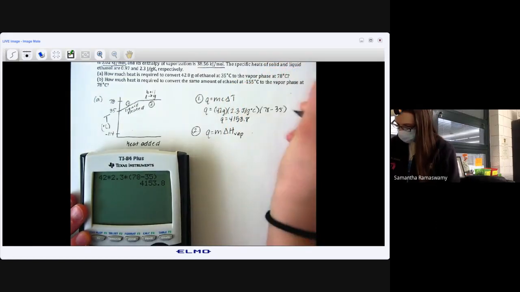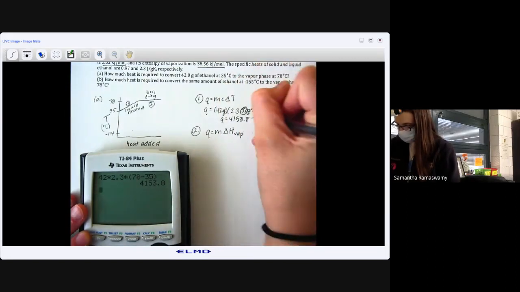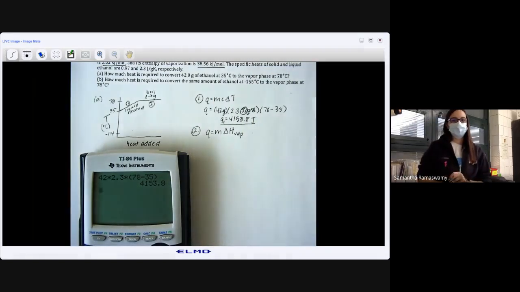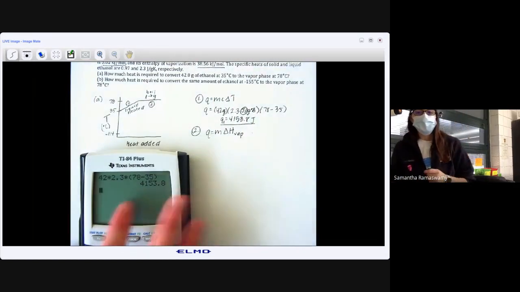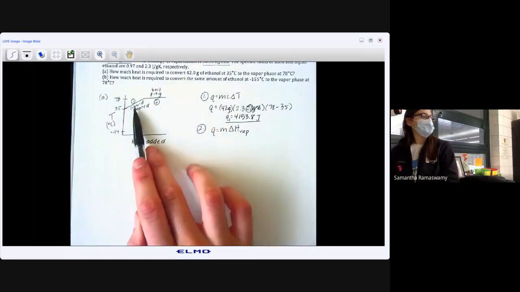If I think about my units, it's joules. So here's Q1. Q1 is just the energy, the heat that it takes to heat up the ethanol.